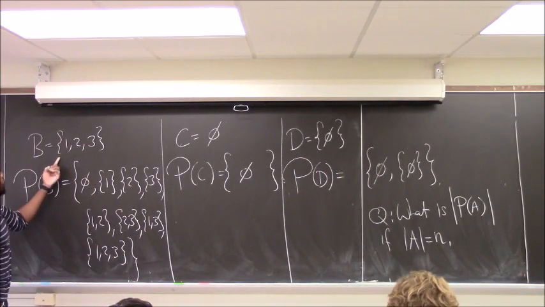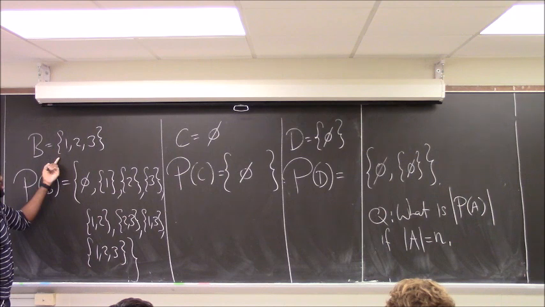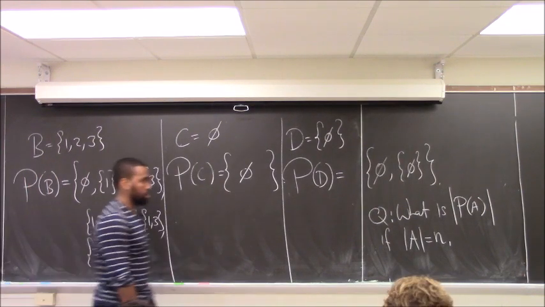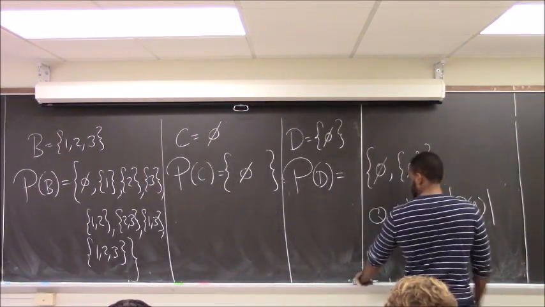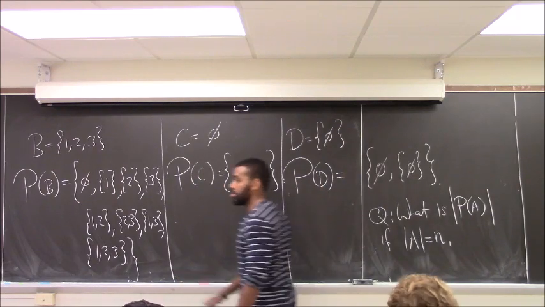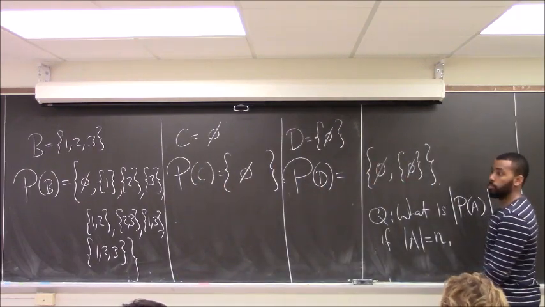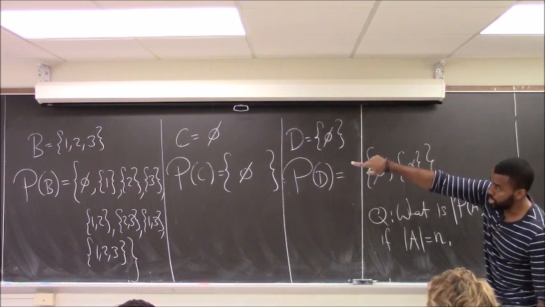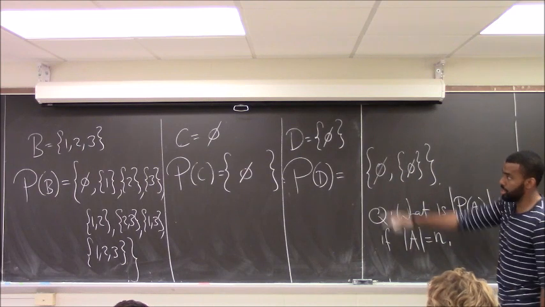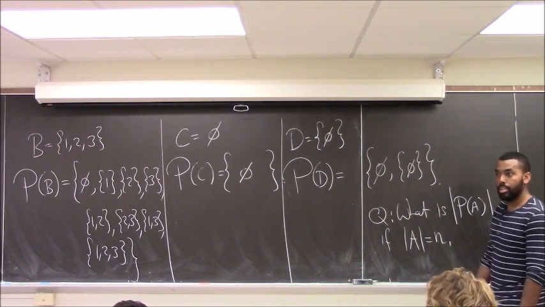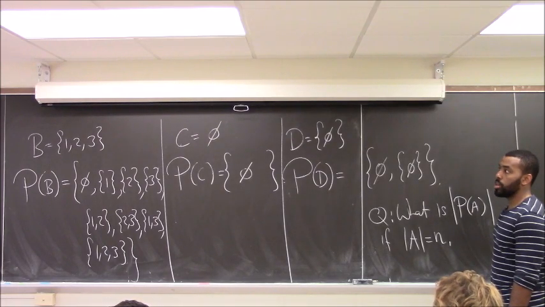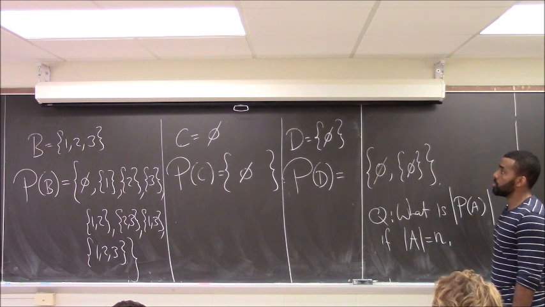The size of B is 3. 3 factorial is 6, which would be 3 times 2 times 1, so it's not n factorial. What about n times 2? In this case that would also be 6, because n is 3 here. That's not good. What about squared minus 1? Square the size of the set minus 1.